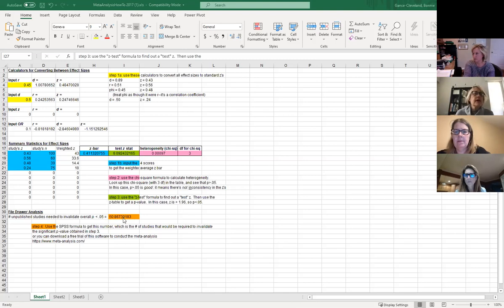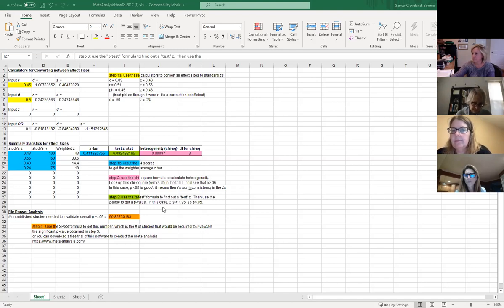This example says 50. So that means we got a good sample of studies, because it would take another 50 studies to potentially discredit what we found.